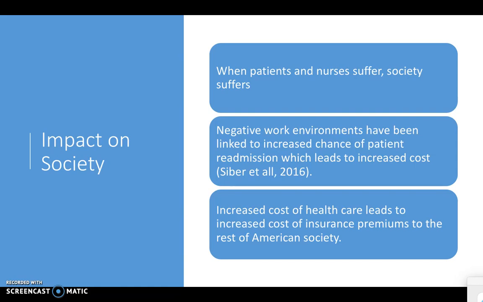All of these are things that cost a ton of money. And we all know that when healthcare costs are increased, our insurance premiums go up, and also people who had insurance may no longer be able to afford insurance. And so that is the biggest effect that this has on American society.